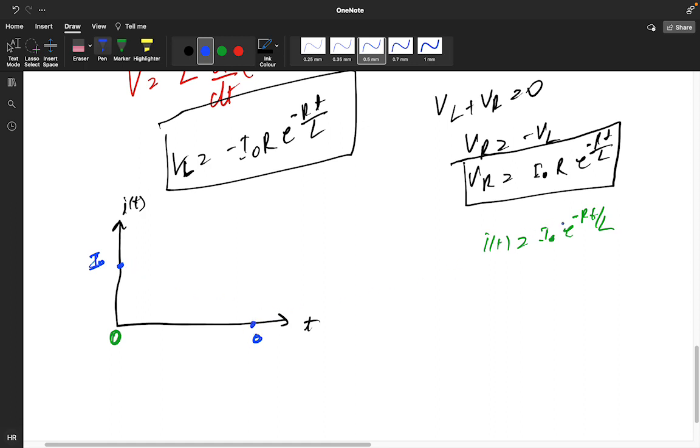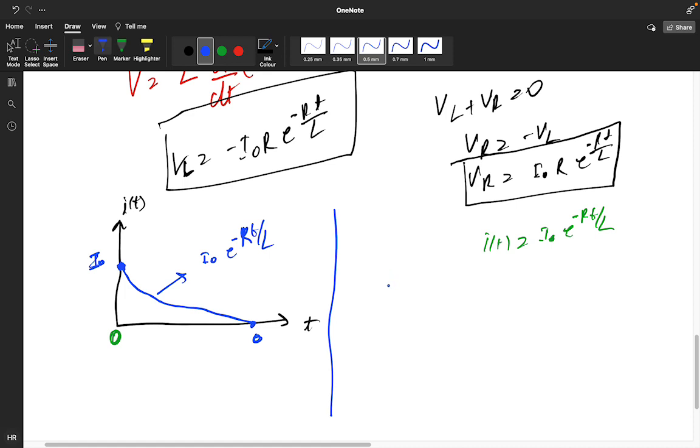So this figure will exponentially decrease. This was the figure for I of t.